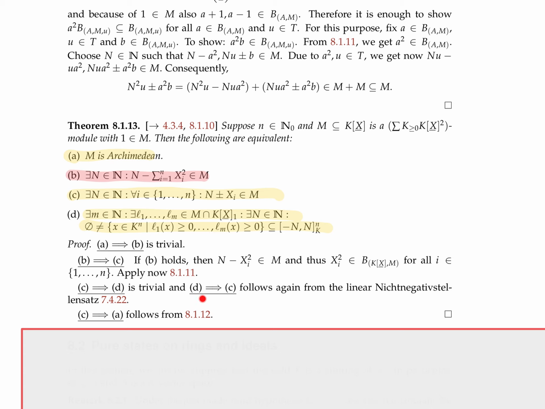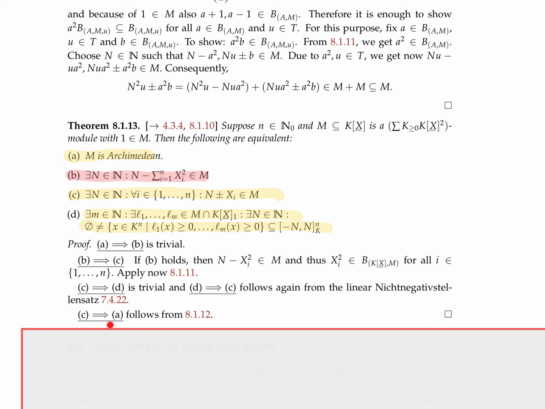Why do we have D implies C? Well, this follows again from a linear Nichtnegativstellensatz 7.4.2. Here we use that non-negative elements are in M, because these are the multipliers you need in the linear Nichtnegativstellensatz. We also use again that 1 is in M, and that this is non-empty, to apply the linear Nichtnegativstellensatz.